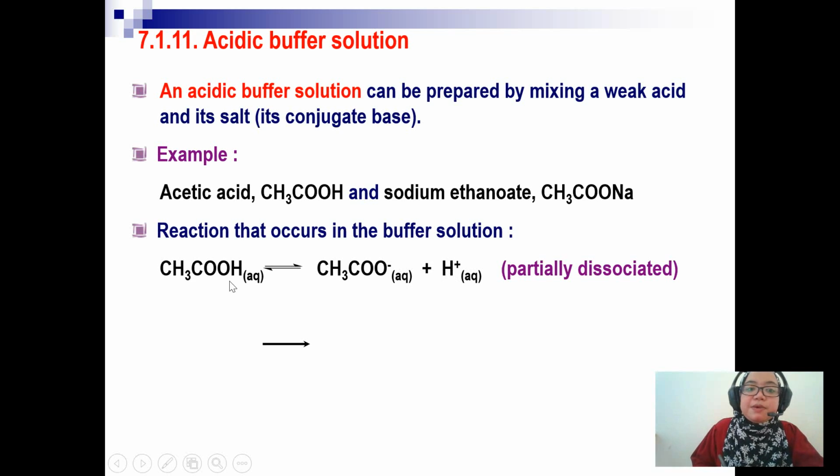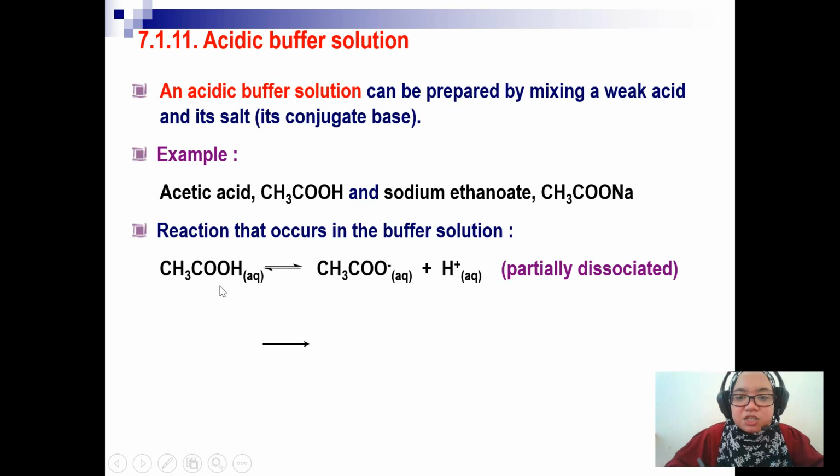Because it is a weak acid, it is only partially dissociated. So at the end of the dissociation process, there will still be a high concentration of acetic acid, because it is not completely dissociated.